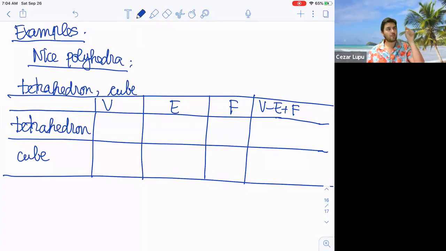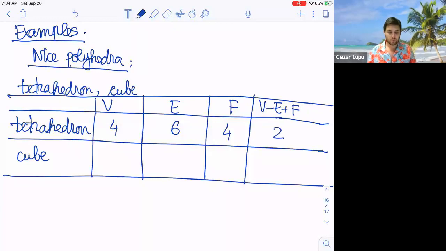Well, if you count them, it's 1, 2, 3, 4. How many edges? 1, 2, 3, so there will be 6. How many faces? 1, 2, 3, 4. So 4 faces. So it will be 4 minus 6 plus 4. Guess what? It will be 2.